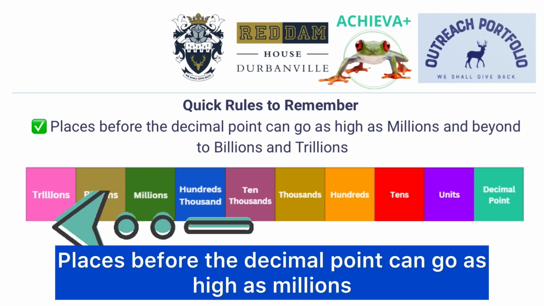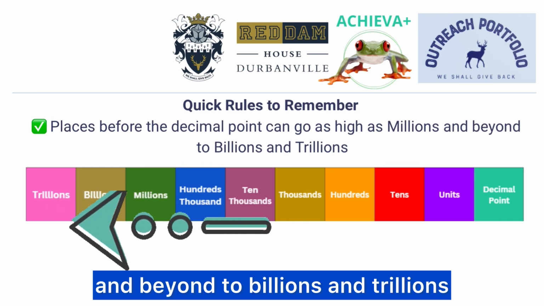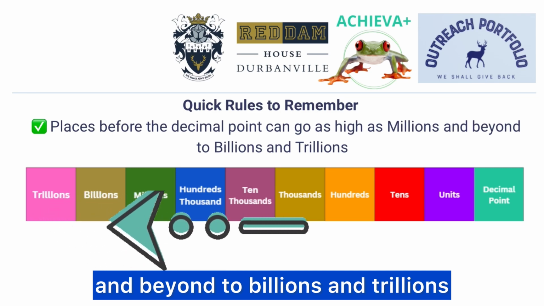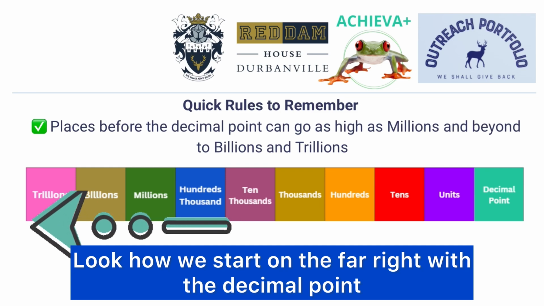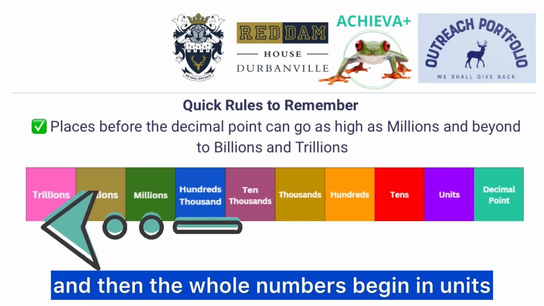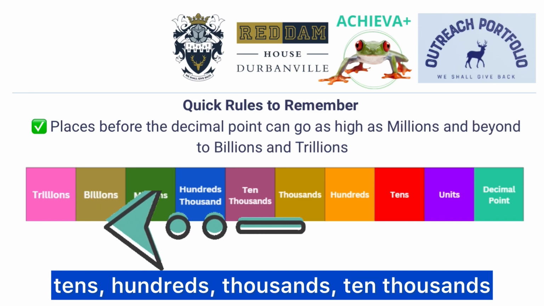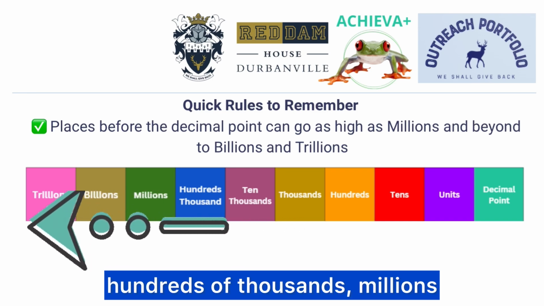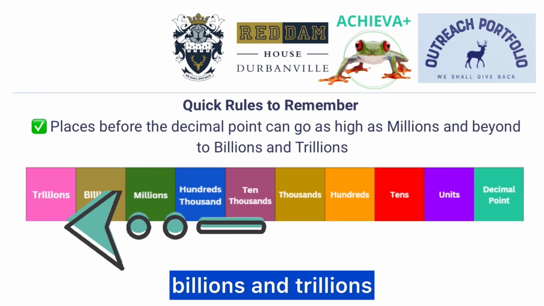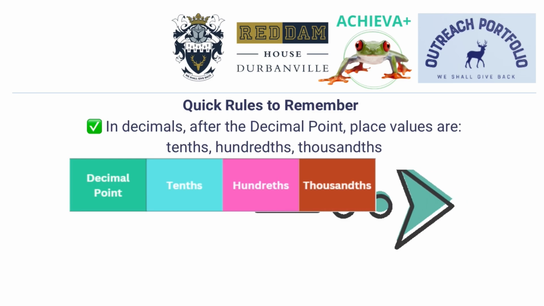Places before the decimal point can go as high as millions and beyond to billions and trillions. Look how we start on the far right with the decimal point, and then the whole numbers begin in units, tens, hundreds, thousands, 10,000s, hundreds of thousands, millions, billions, and trillions, and you can go on to even more numbers.